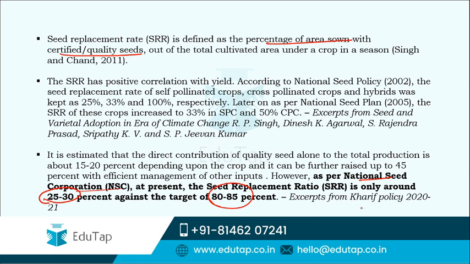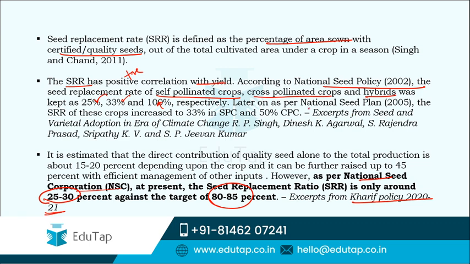This I have taken from the Kharif policy 2020-21, which has been released very recently. As you all know, seed replacement rate always has a positive impact on the yield. According to National Seed Policy 2002, the seed replacement rate of self pollinated crops should be at least 25%, cross pollinated crops 33%, and hybrids 100%.